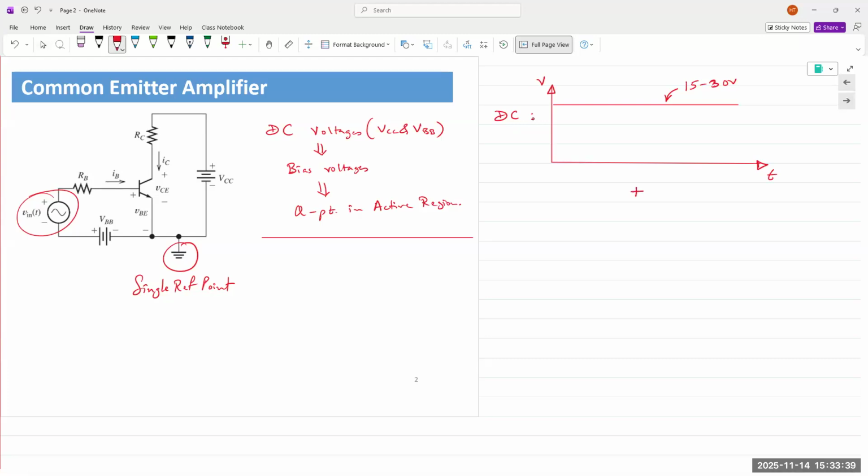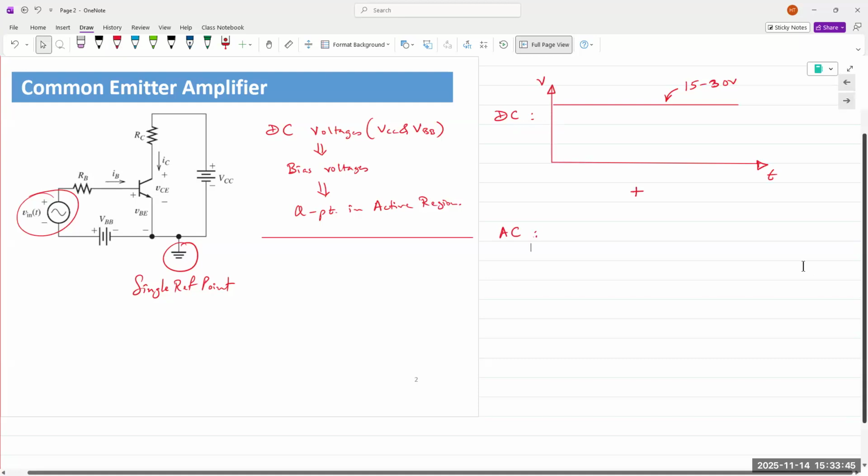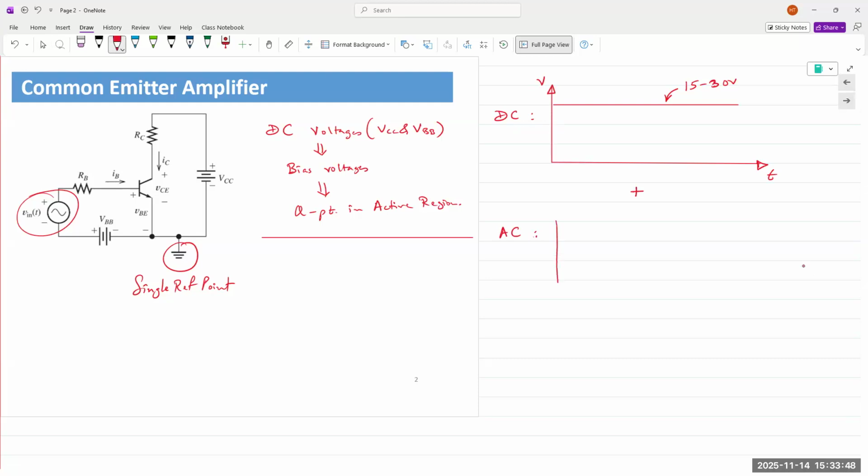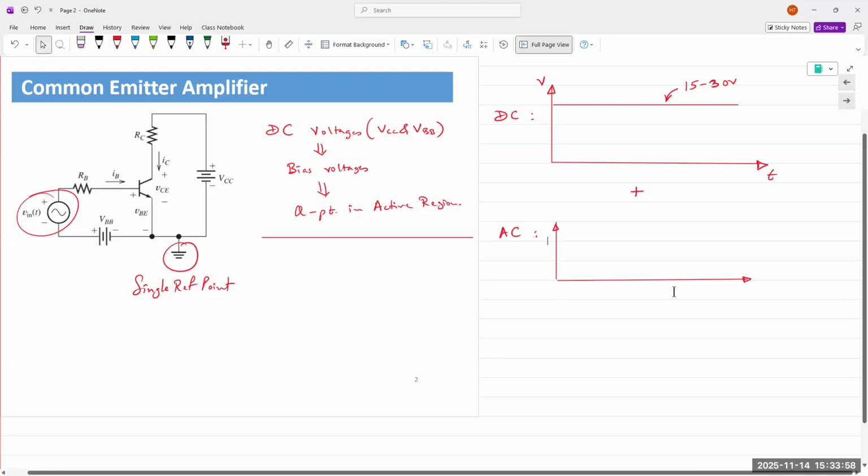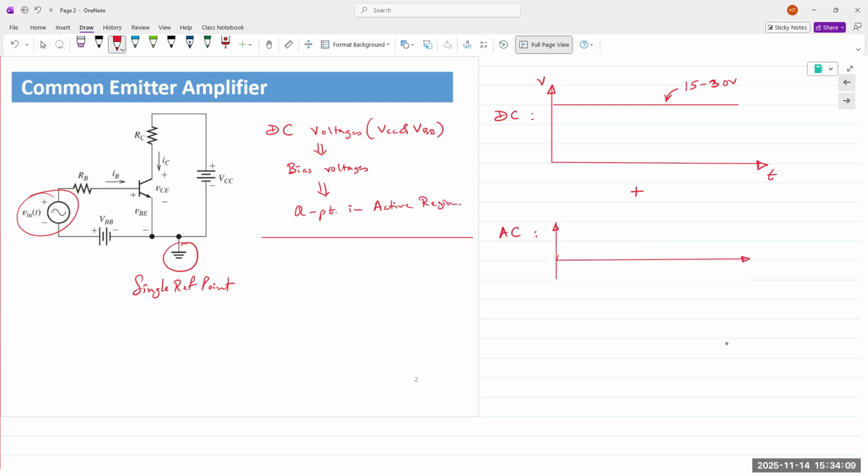And then you have a very small AC signal, sometimes in the millivolt range. This AC signal could be very small.